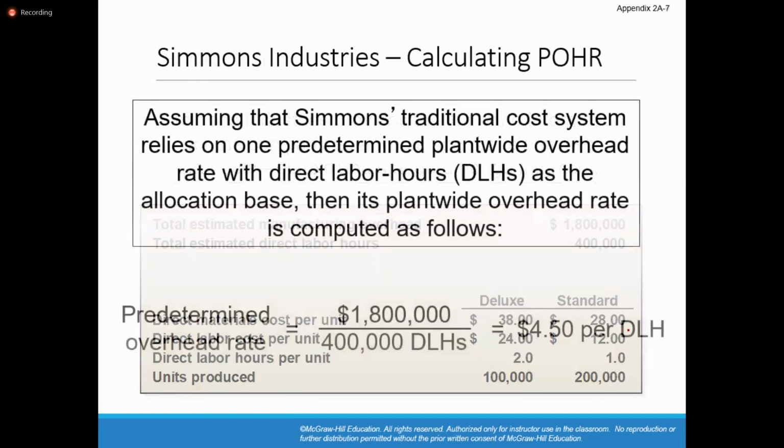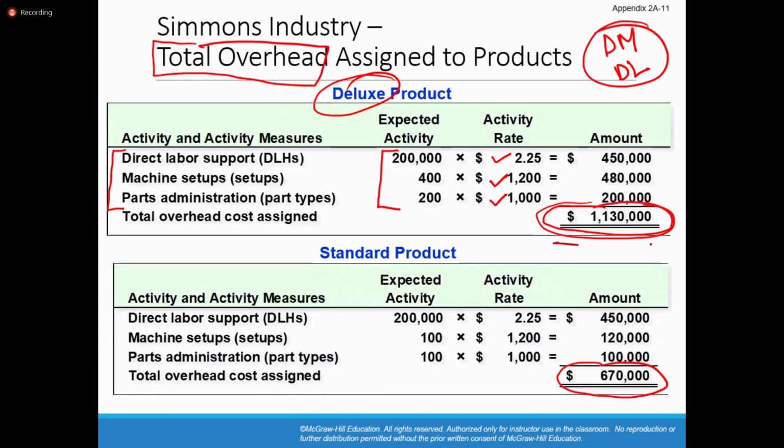Okay, here what we are doing, we are dividing this number by 100,000, and for this we need to divide this by 200,000.